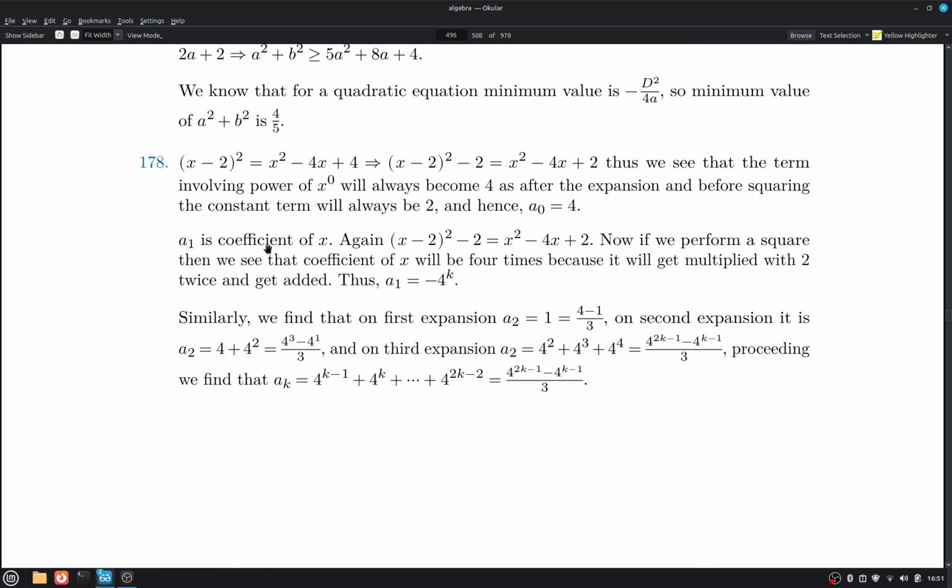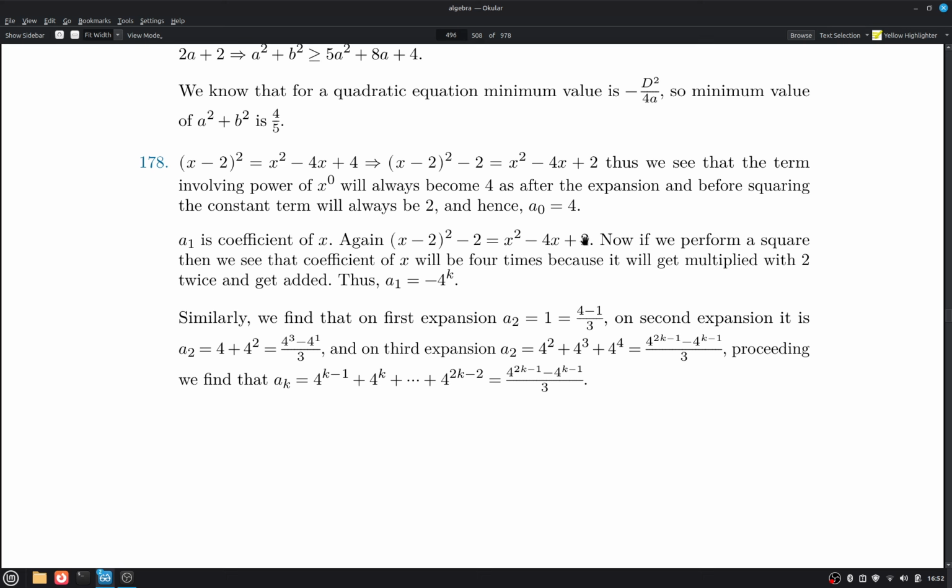Now a1 is the coefficient of x. Now if you look at this, x minus 2 whole square minus 2, that becomes x square minus 4x plus 2. Now if you perform a square, then we see that the coefficient of x will be 4 times, because it will get multiplied with 2 twice and get added.